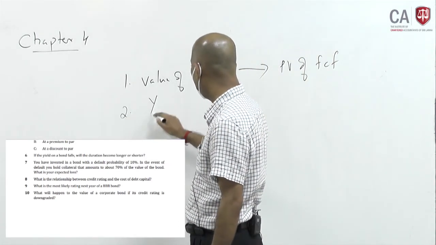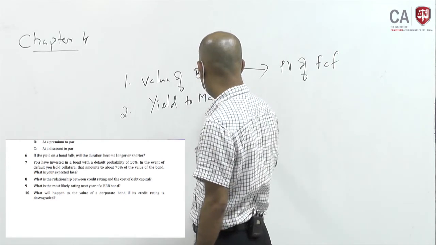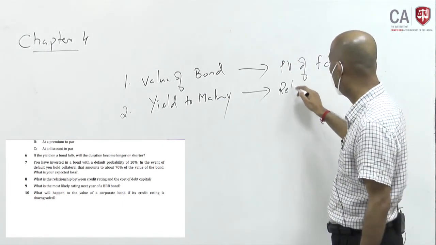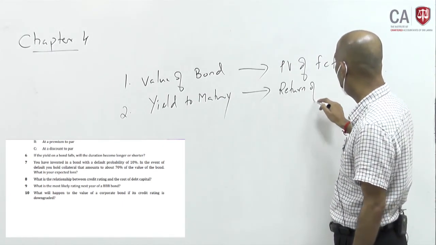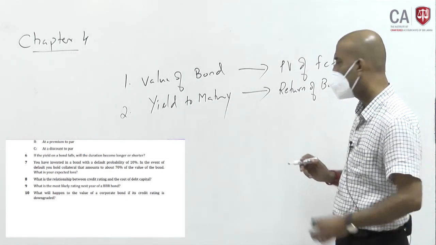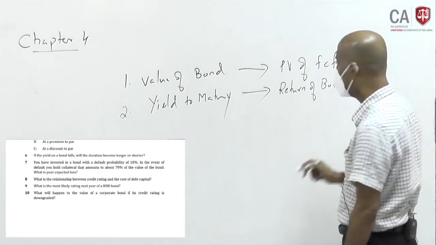Second, we said yield to maturity. Yield to maturity is actually the return of your bond. So that's actually how you calculate IRR.